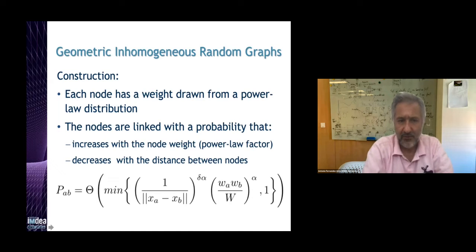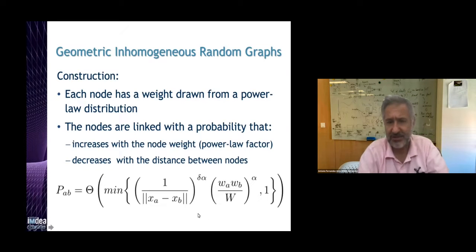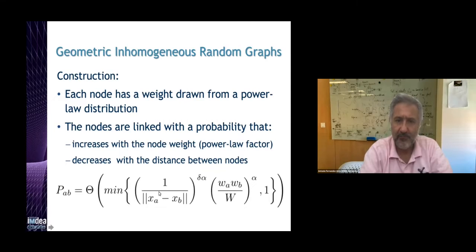If you forget about the theta and the mean, and we keep only the two central parts of this expression, essentially the first factor here is exactly, or almost exactly, the factor that Kleinberg proposed, which is the inverse of the distance to the number of dimensions.